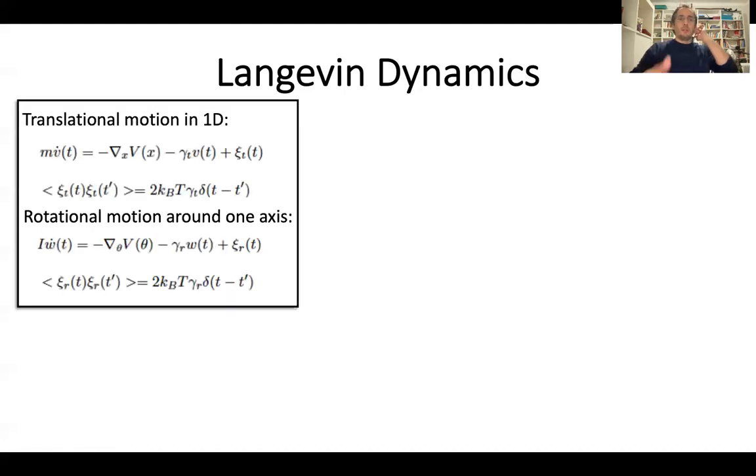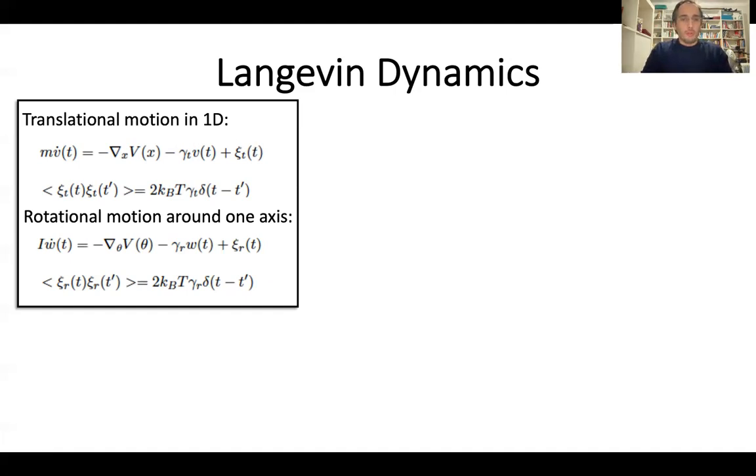So Langevin dynamics is given by these equations of motion. You have the regular Newton equation plus some terms that take into account the interaction with the fluid, the solvent. So you'll have the drag force, and the random force due to the kicks of the fluid.